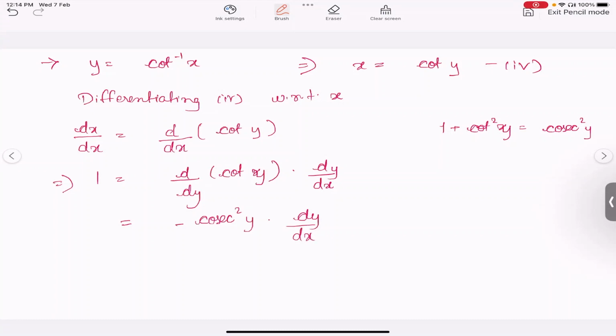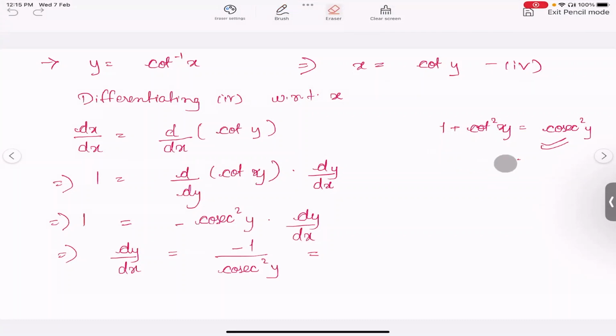Now dy by dx will be equal to minus 1 by cosec square y, and we will use this identity that I mentioned earlier. This cosec square y is already in this form.